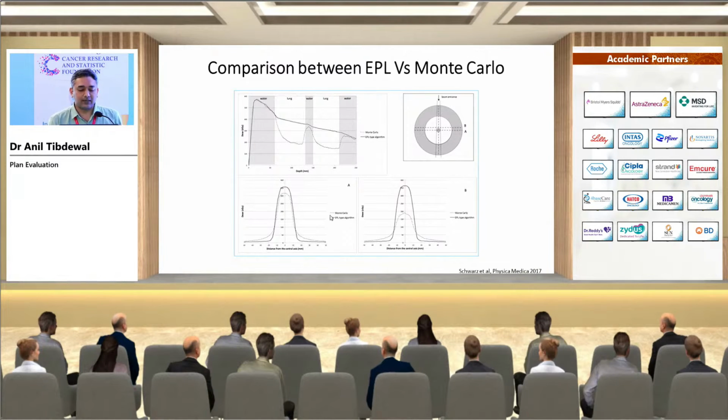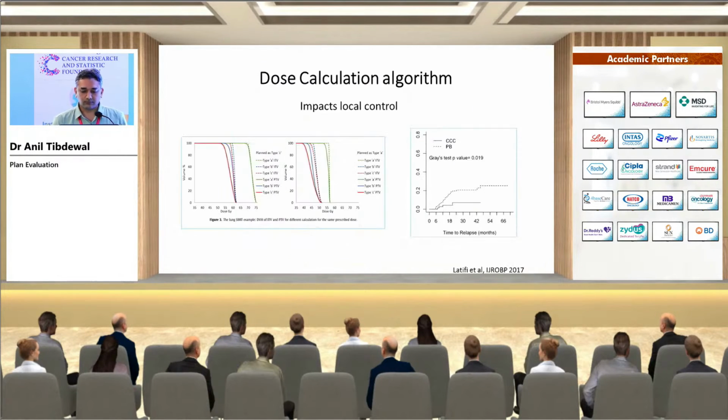If you see the center, that is the A type, the equivalent path length is slightly overestimating the dose, but at the border of the PTV, because there is tissue heterogeneity there, the difference between reality and the overestimation by the equivalent path length is much larger.